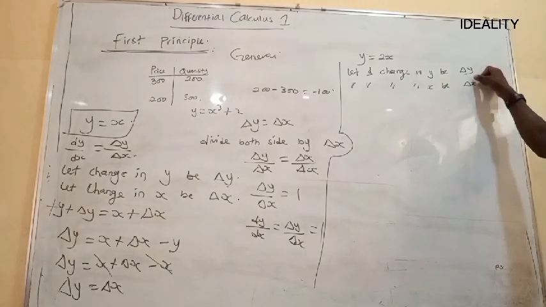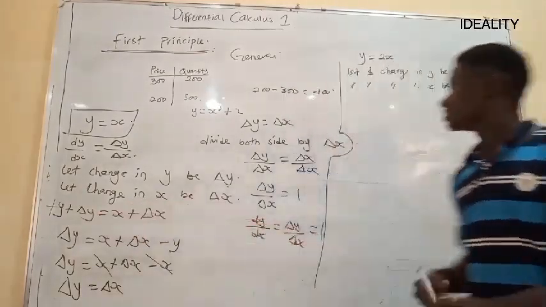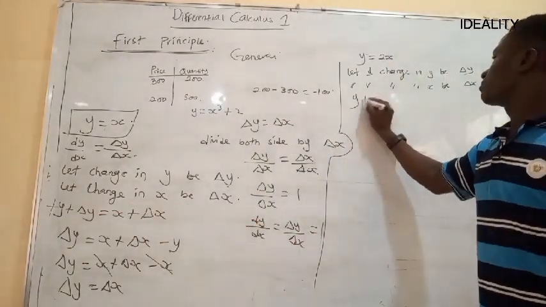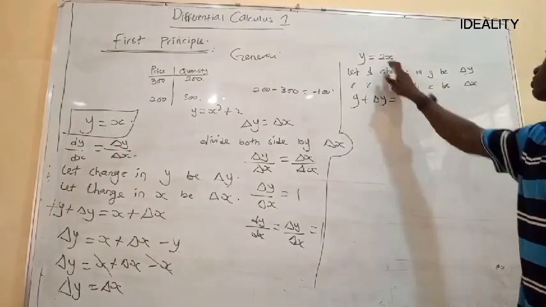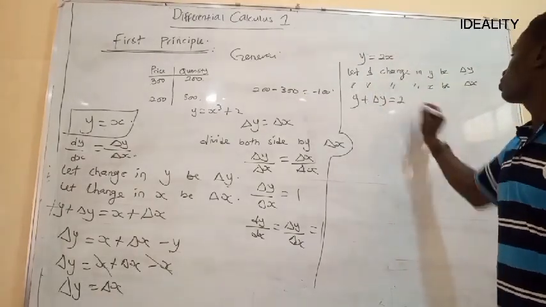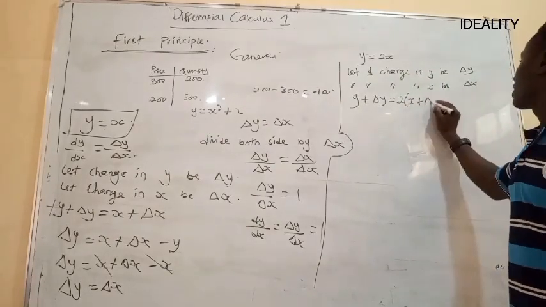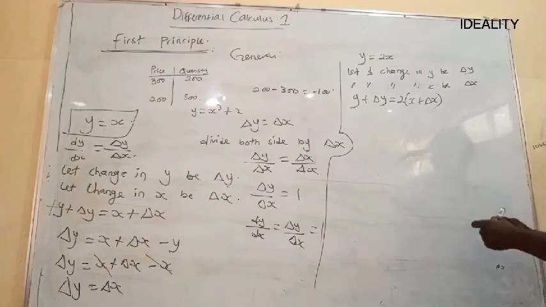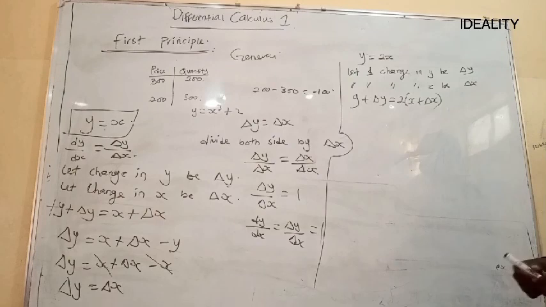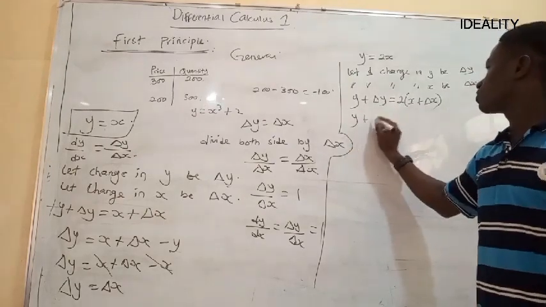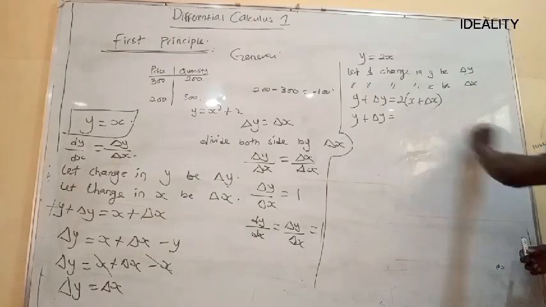Then I'm going to add theta y and theta x to both sides of the equation, just like we did here. We have y plus the change in y, theta y, equals 2 times x plus theta x. Anywhere you see y, you add theta y, anywhere you see x, you add theta x, that's just it. So now we have y plus theta y is equal to, and I can expand these brackets.